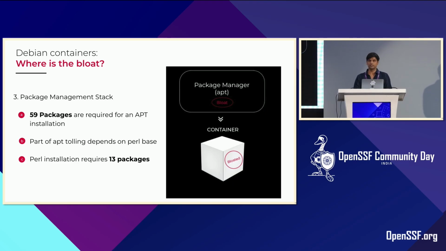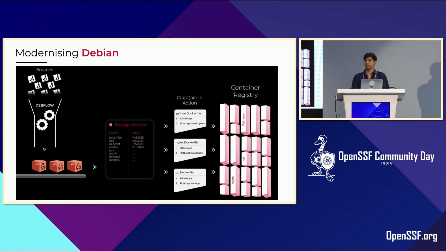And the third is the whole package management stack. You are never going to use a package manager in your production images, or in the actual container when it is running. So the whole package management is unnecessary. But if you look at a Debian-based image, 59 packages are there just because you want to run APT. So what's required?